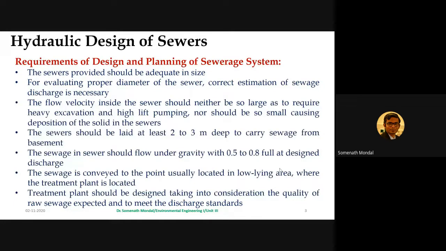Once you can achieve that level of concentration, then only you are allowed to discharge the sewage, otherwise not. And so these are the requirements for design and planning of a sewage system.